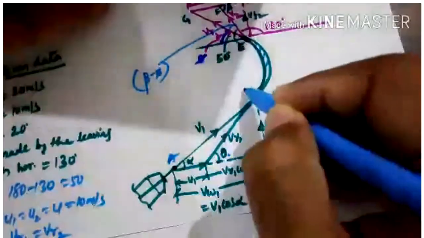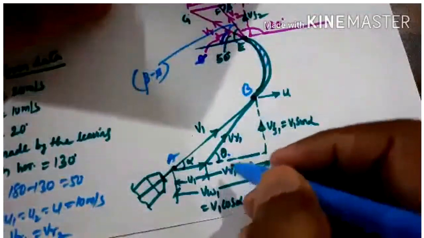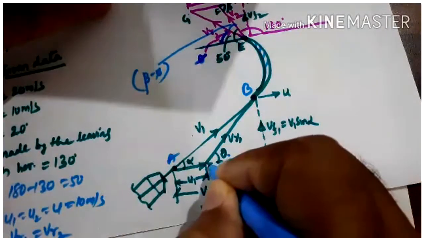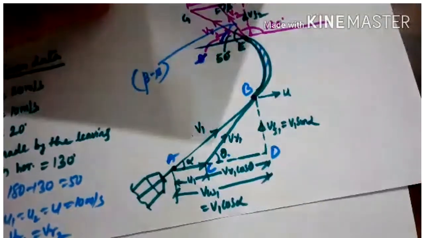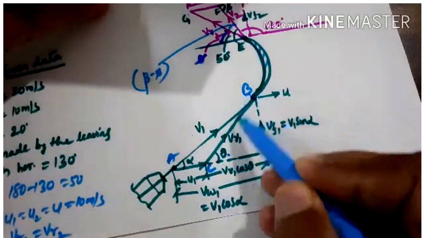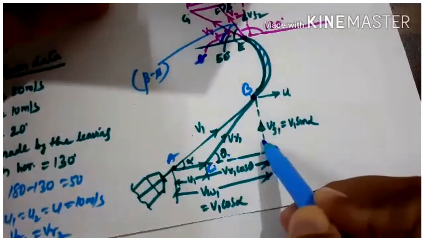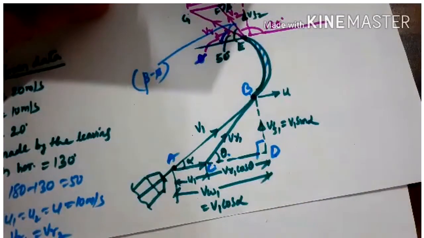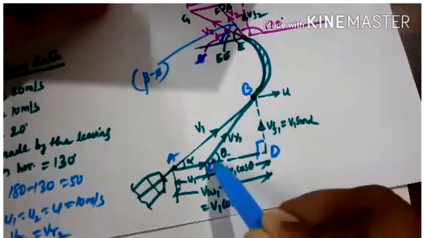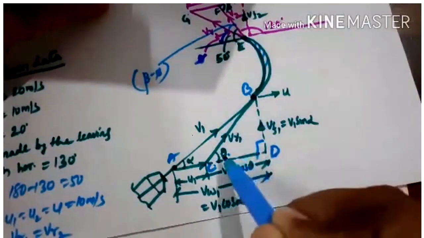Let us mark this point as A, this is B, this one is C, and this is D. If you refer to triangle BCD, this triangle has a 90 degree angle, so we can easily apply the trigonometric function and get the values.